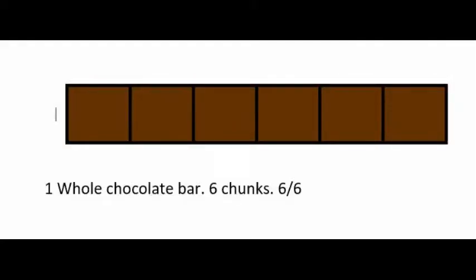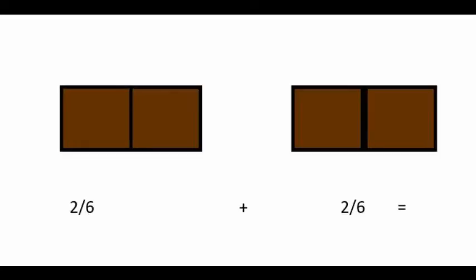Here we have one whole chocolate bar. It is made up of 6 chunks. As a fraction, we could see that as sixths. If we break it into chunks and we add some of the chunks together, so we have 2 chunks plus 2 chunks. So we have 2/6 of the chocolate bar plus 2/6 of the chocolate bar.